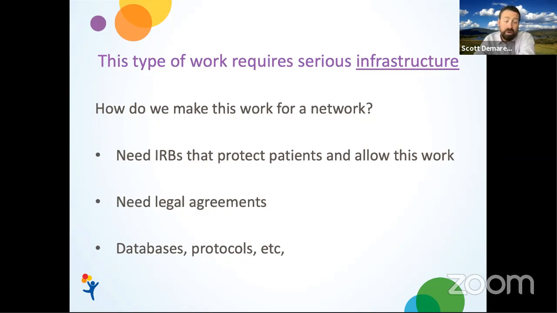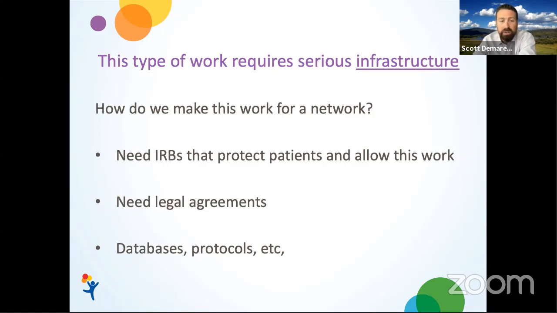So this type of work requires some pretty serious infrastructure. It requires a lot of collaboration. And we have gone through a lot in the last year and a half to try to put in place all the things that we need to make that type of infrastructure work. We need IRB. This is really a critical part because it actually protects patients, and we don't want to gloss over that.